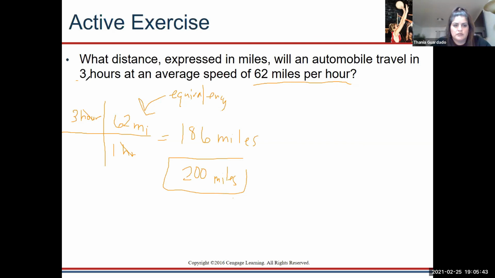How many sig figs are for the hour? 1. So since that's our given, we're going to use that as our number of sig figs. This is an equivalency. We don't use equivalencies for our sig figs.